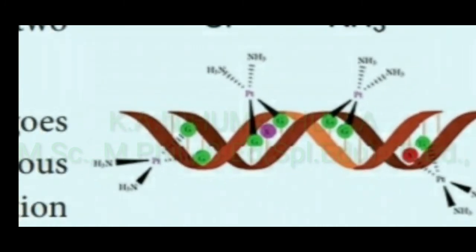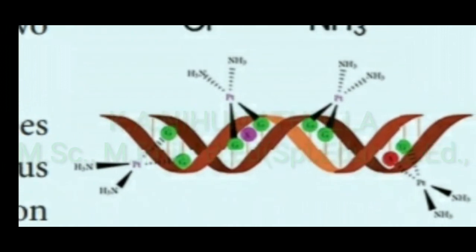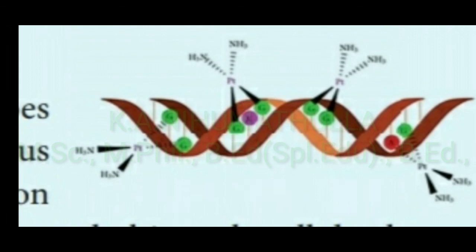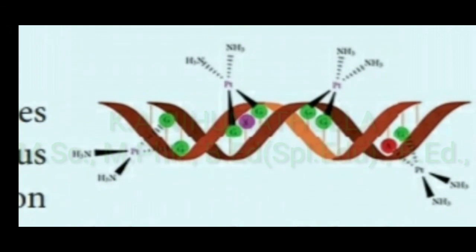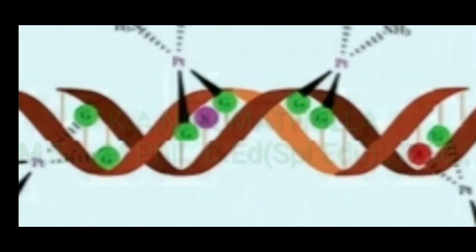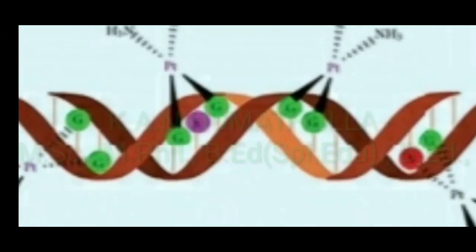This is the structure of DNA. When cisplatin is injected into the body, the two chlorine atoms which are in cis position form a number of cross links between the two helices of DNA, and the two amines point towards the outside of the DNA.